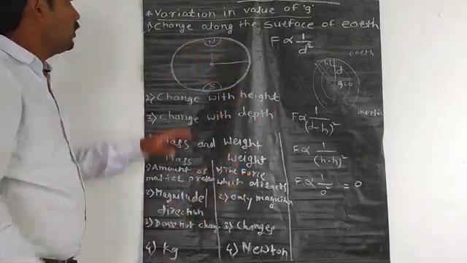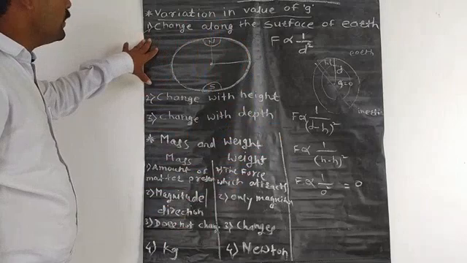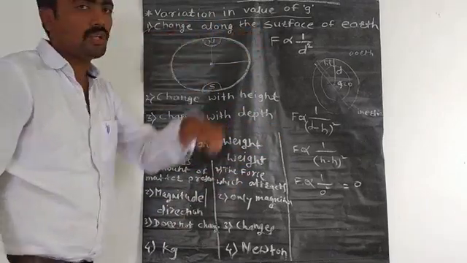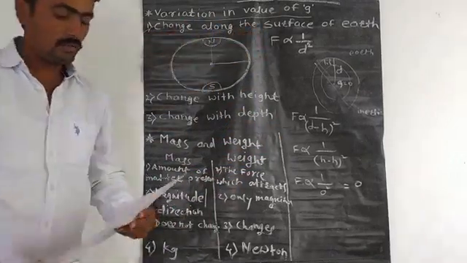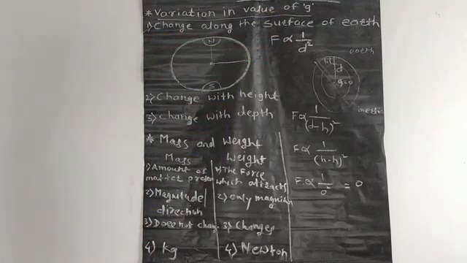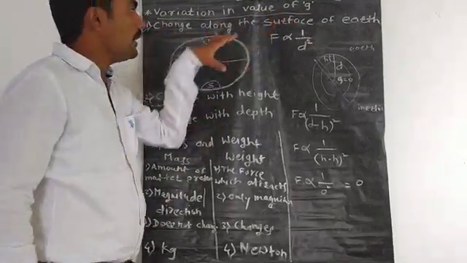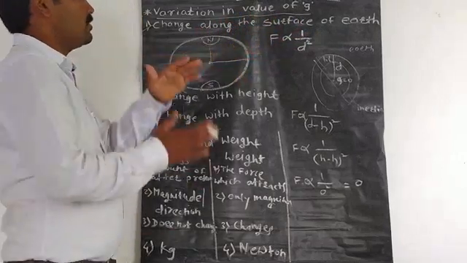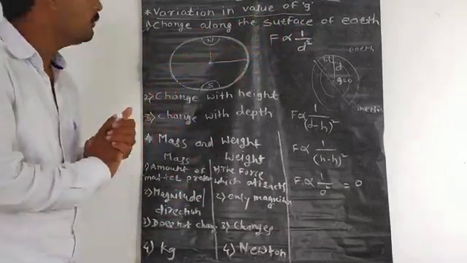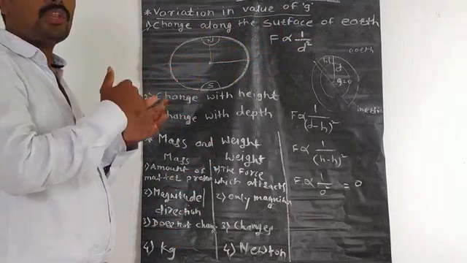Today we are going to see the first variation, change along the surface of Earth. बघा स्टुडंट, चेंज अलॉंग द सरफेस ऑफ अर्थ करत असताना अर्थचा जो सरफेस आहे त्याच्यात काय जे चेंजेस होतात ते आपल्याला बघायचे, की व्हॅल्यू ऑफ जी कोणत्या प्रकारे अफेक्ट होते.